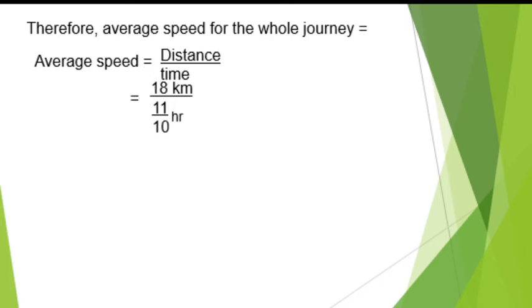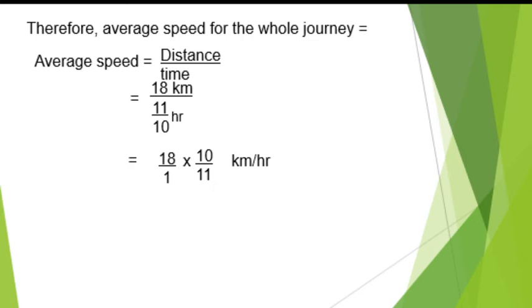So let's get the reciprocal of the divisor and proceed to multiplication. That is equal to 18 over 1 times 10 over 11, and the unit is kilometer per hour.